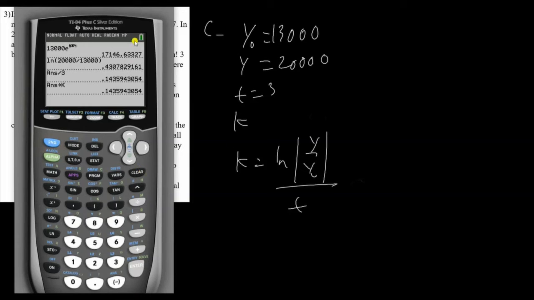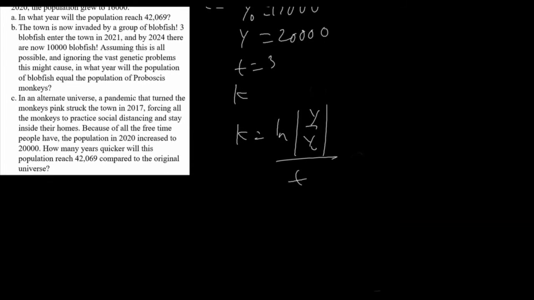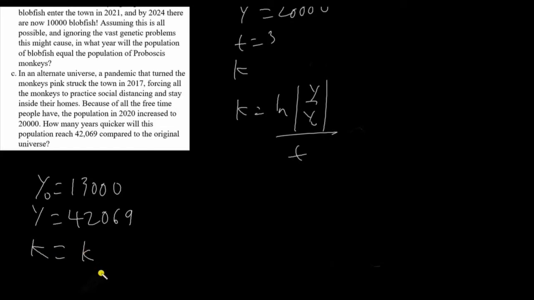Alright, so now let's see what we can do. So we know we want to find out when this population reaches 42,069. So we'll say, alright, the initial population is 13,000. The final population is 42,069. The K is, well, the K value that I gave.